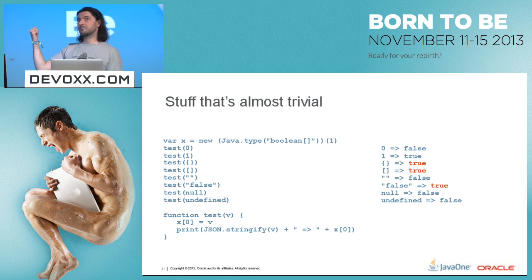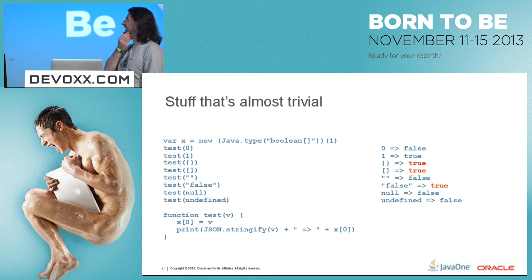And you can do this exercise for any primitive type and see what happens. But I can tell you what happens. Things are sometimes grim. So 0 is converted to false. All right, 1 is converted to true, fair enough. An empty object is converted to true because in JavaScript rules, to Boolean conversion says any object is true. An empty array is true for the same reason.